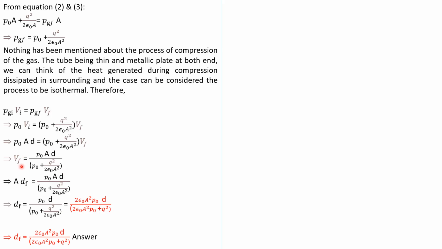But VF will be what? The volume of gas will be the cross section area of the piston into the gap between the plates. So that is A into DF. So DF we will get as 2 epsilon naught A square P naught D in the numerator, and in the denominator 2 epsilon naught A square P naught plus Q square.